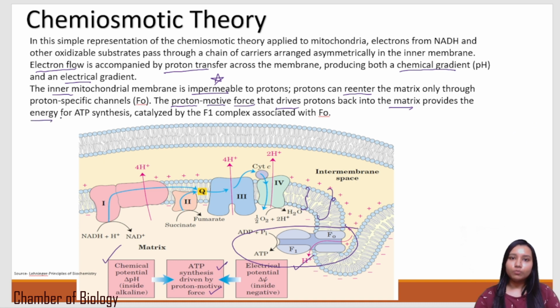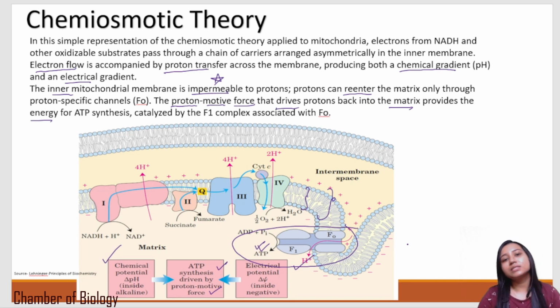So as the proton motive force is there, the energy is provided, and that is how ATP is synthesized. Okay, and for ATP synthesis we have seen that the F0 and F1 complex is helping. F0 is transporting the protons, and F1, having the catalytic site, is helping in production of ATP.